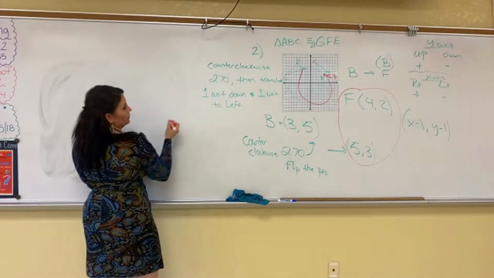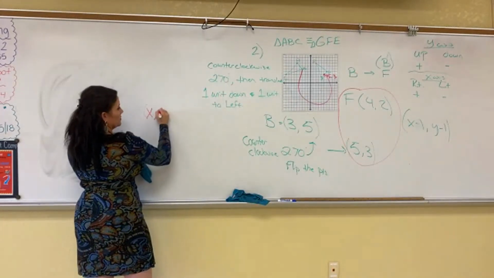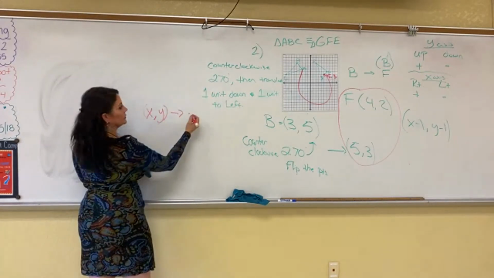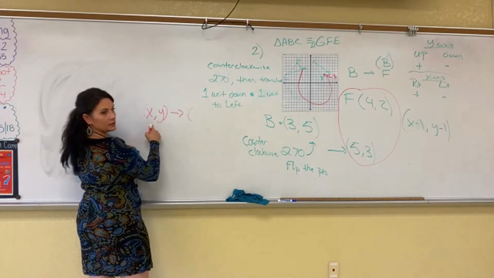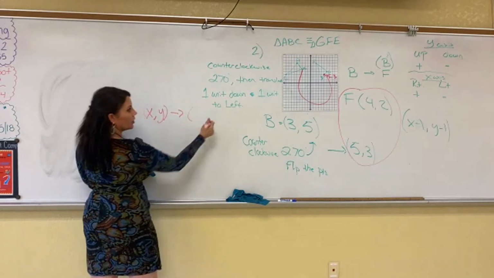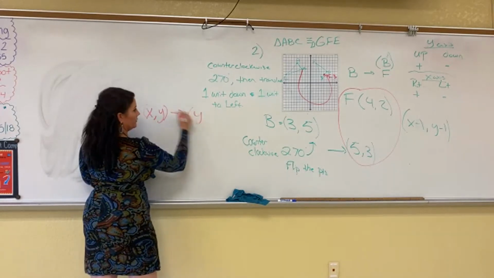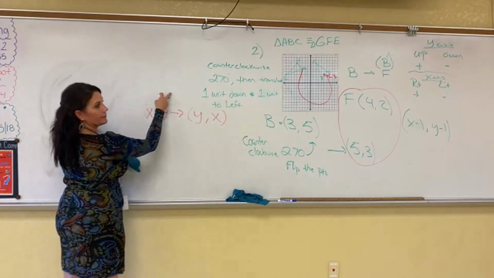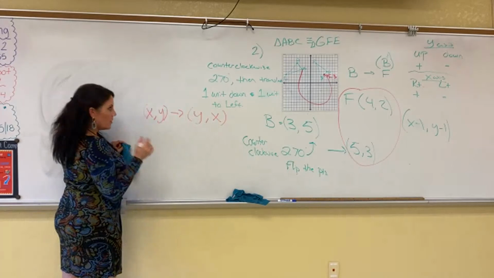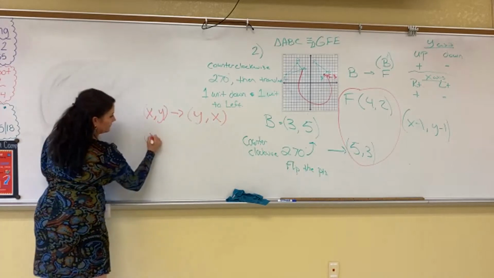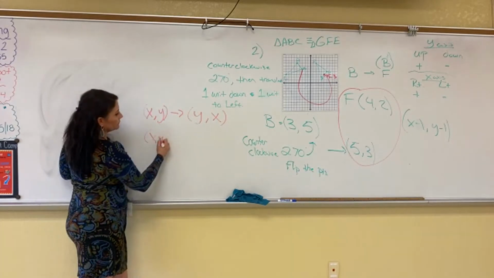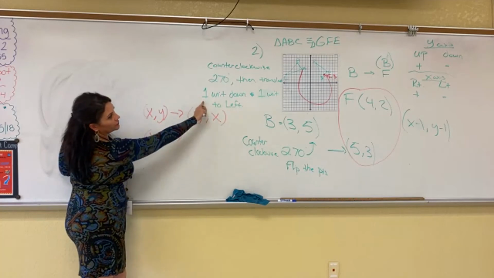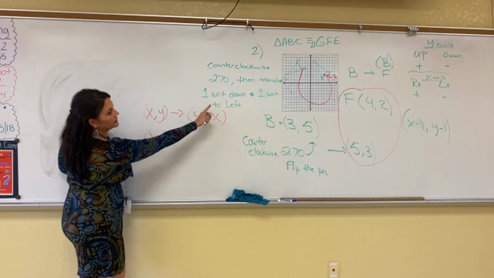So the first thing you do is your rotation 270. By the way, this is where you start, then you write the rule. All you do from here to here is switch the X and the Y. It was 3, 5, then it went to 5, 3. Then you have another box and you do the 1 unit down and 1 unit to the left.